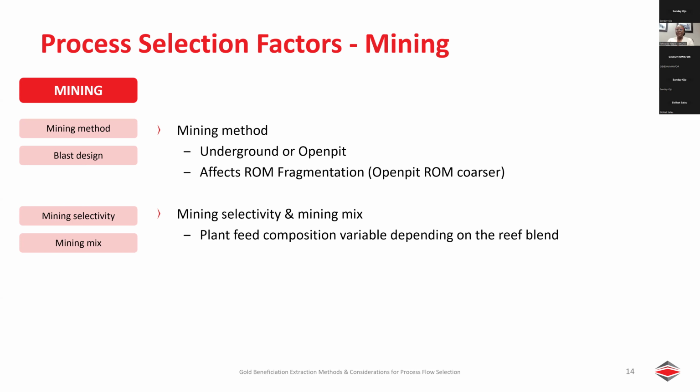So the mining team that is then blasting and sending the material to the plant, they can either decide to mine everything at once and send all of it to the plant, or they can selectively mine one type of reef over another. And maybe in certain ratios, then create a blend of material that is then sent to the plant. So this then has an impact on the composition of the feed to the plant.